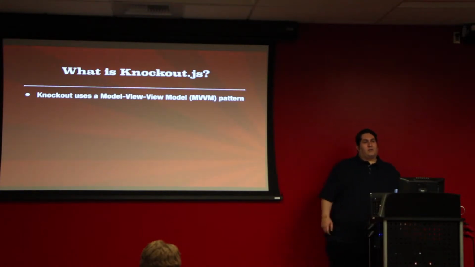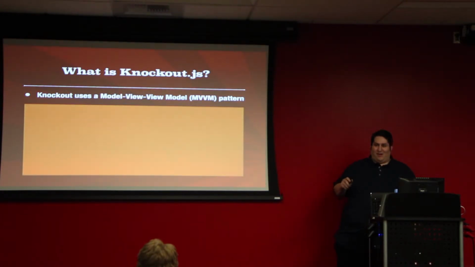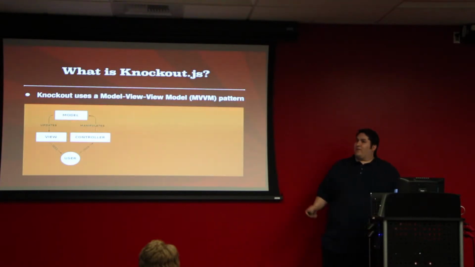All right, so Knockout uses what's called a model view view model pattern. I'm sure you guys are familiar with a lot of different design patterns. Obviously, the worst is just writing code in a bunch of big blocks and making a mess of things. But a lot of people, especially if you're a front-end person, are familiar with model view controller, which is right here. And a lot of people who do front-end stuff like me will also work in things like WordPress and Joomla. A lot of content management systems write their plugins in this type of format.